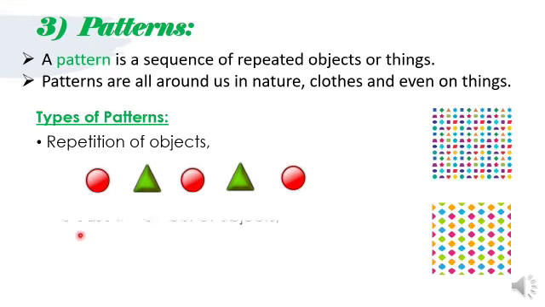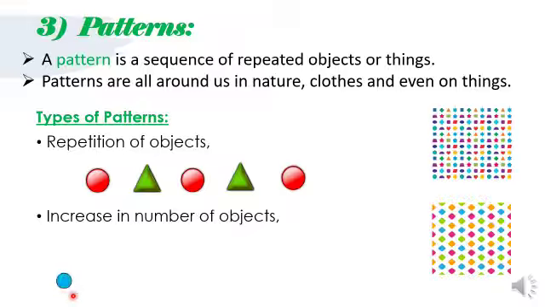The next type of pattern is increase in the number of objects. Let us understand this with an example. If we have one circle, then in the second case, the number of circles increased. Now we have two more, making it 3 total. Now in the third case, we have 3 more, making it 6 total.